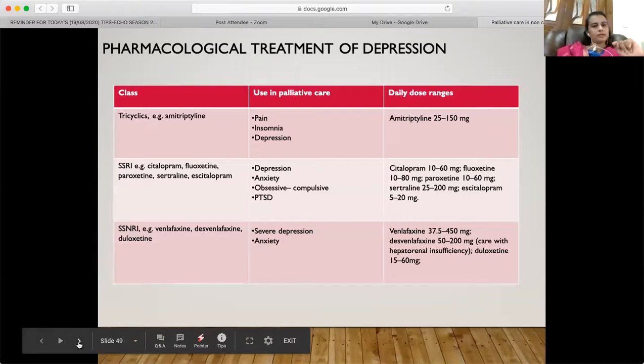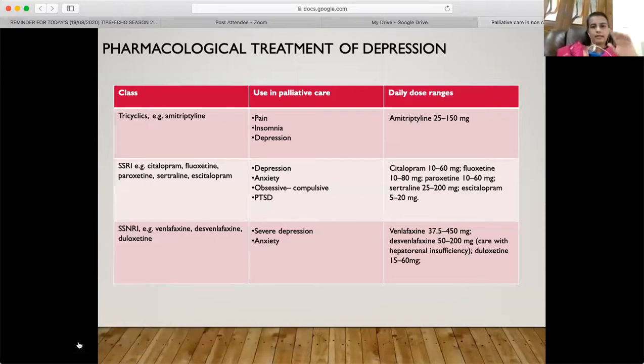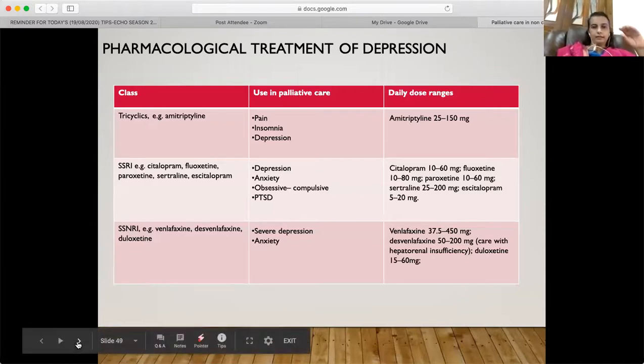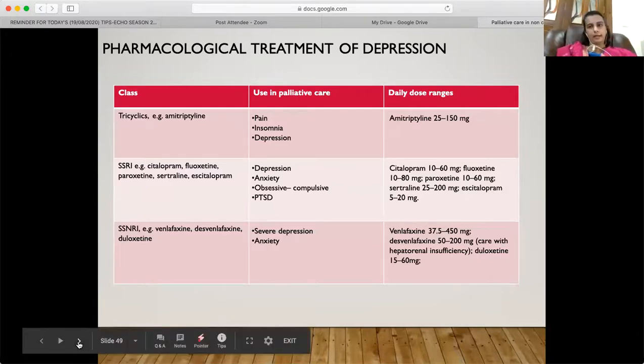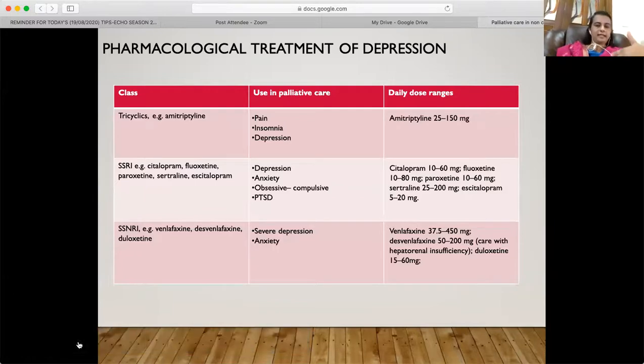I'll just quickly mention the pharmacological treatment of depression. Again, nothing new. The palliative care team is quite familiar with these medications. The doses are different, though. Tricyclics, if you're using them for depression, you need a higher dose, about 25 to 150 milligrams. We don't use them first line for depression anymore.